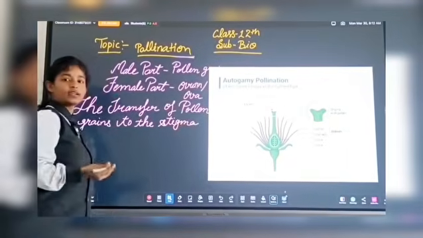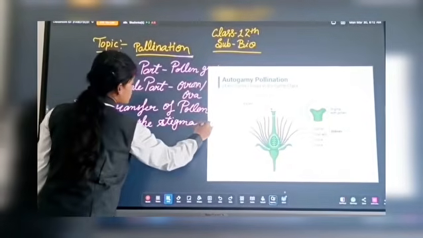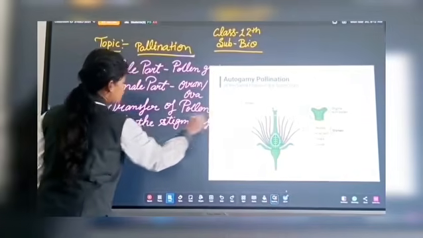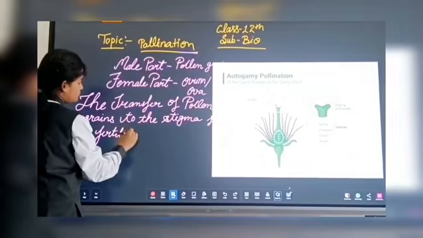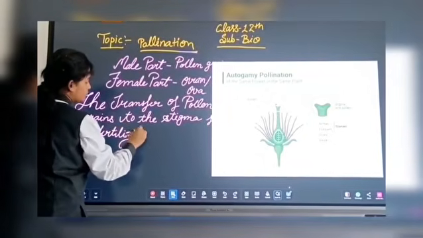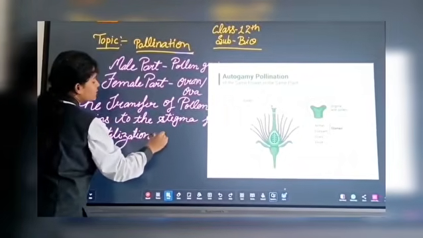And why do we need it? For fertilization. So, the transfer of pollen grains to the stigma for fertilization is called pollination.